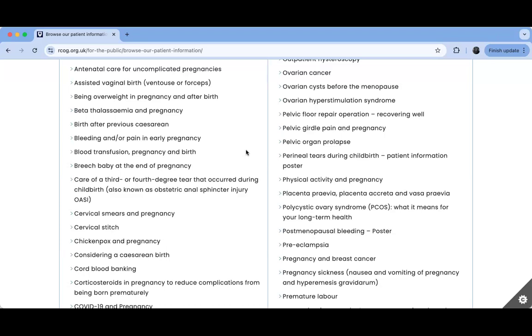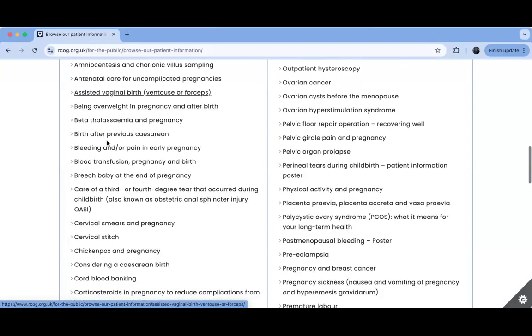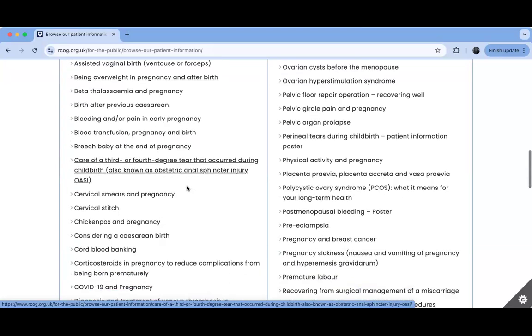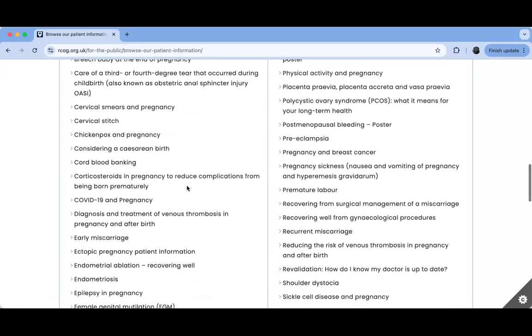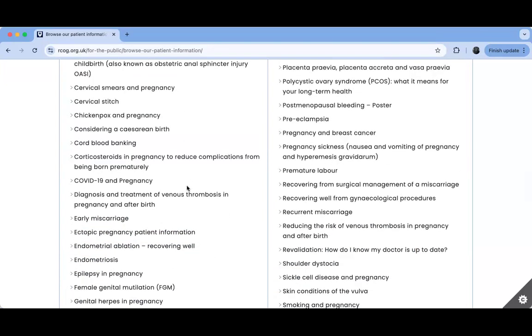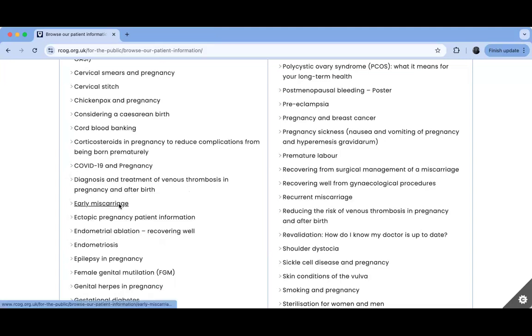So what you will do, especially when you are preparing the station, is go through the patient information leaflet and open that one. Let's say this is birth after cesarean, okay, or obesity in pregnancy, being overweight during pregnancy, or miscarriage, or preeclampsia, postmenopausal bleeding, PCOS, okay.